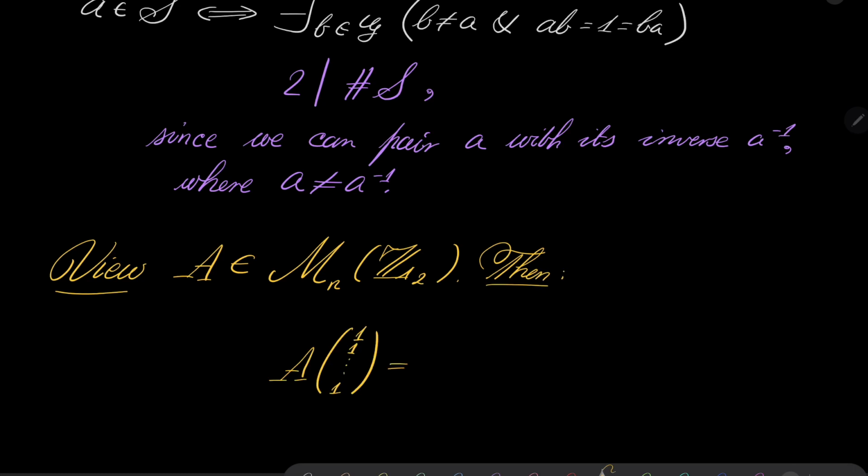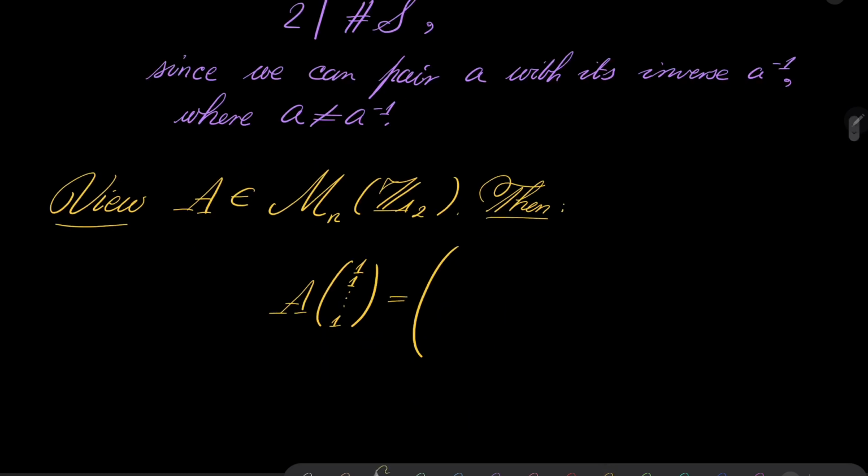Well, I have now vector of sums of columns. So j goes from 1 to n, a_ij, and so on. And also here should be 1 because it's first entry, and so on.